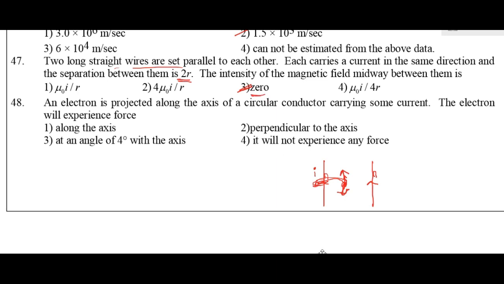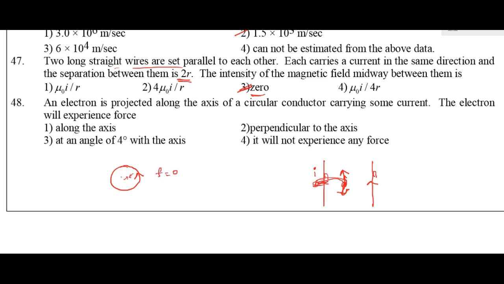An electron is projected along the axis of a circular conductor carrying some current. The electron will experience a force. So if you imagine that the current is flowing in this direction, then if you curl your fingers, the field will be outward. If it is outward, and the electron is coming in this direction, then theta will be 180, so the force will be equal to 0.